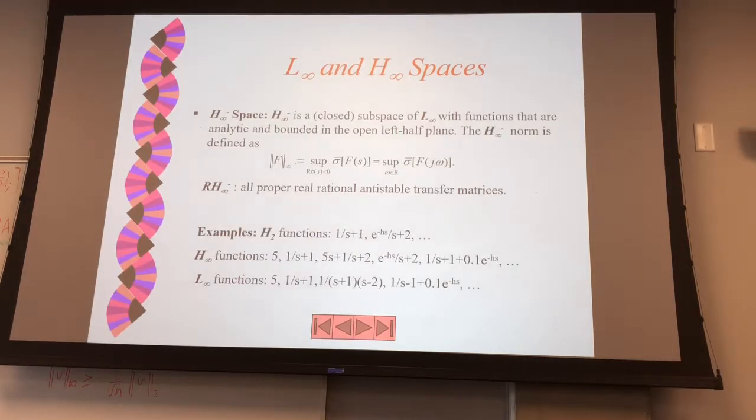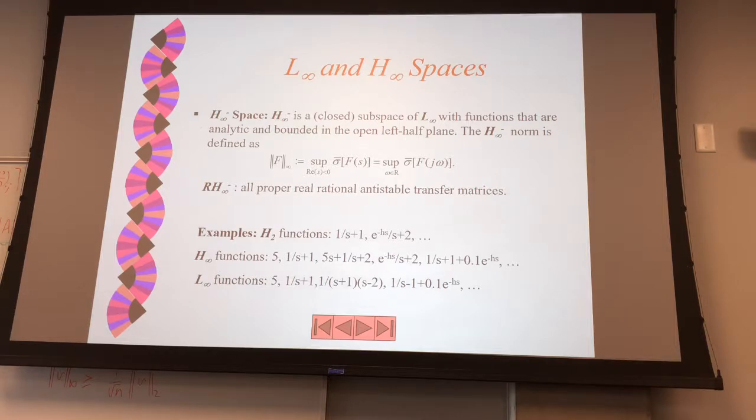So let's see several examples here. H infinity functions. H2 functions, H infinity functions. So this is a rational proper, and this e to the power minus s is a delay.